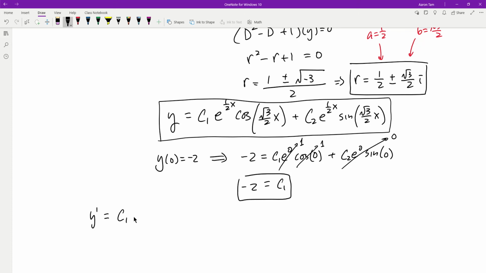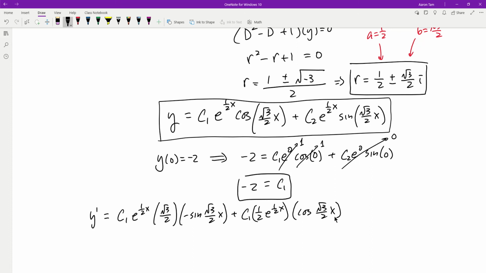So it will be C1, let's say, e to the 1/2 x multiplied by radical 3 over 2 and negative sine radical 3 over 2 x, plus C1 times 1/2 e to the 1/2 x multiplied by cosine radical 3 over 2 x. So that's the product rule for the first part.